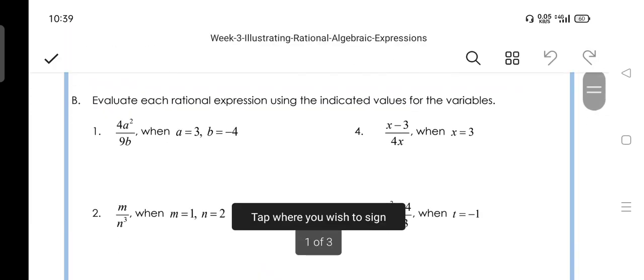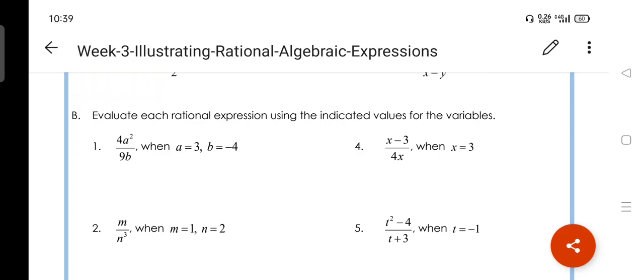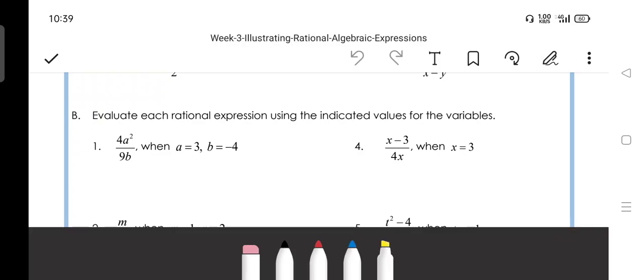For better understanding, let us answer number 1. We have here number 1. So 4a squared over 9b when a is equal to 3 and b is equal to negative 4.